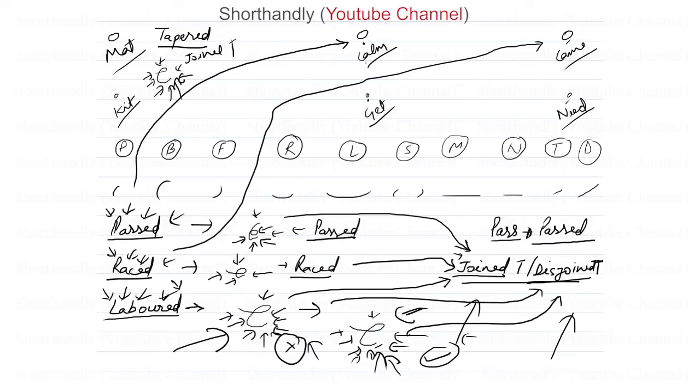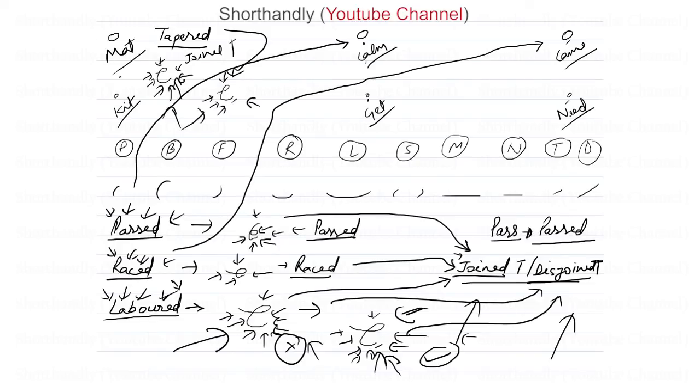But if we make this word again, this time using the disjoined T method, we will make tapered like this. Again we have T, then A, then P, then R, but this time we use the disjoined T. You see the difference in these two.